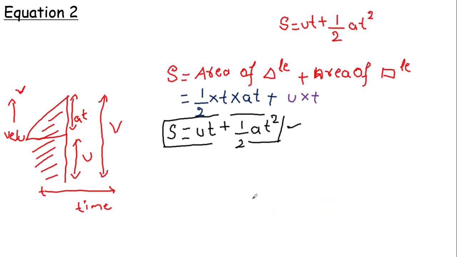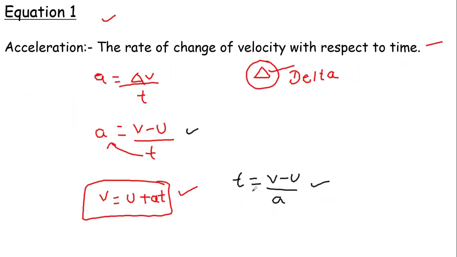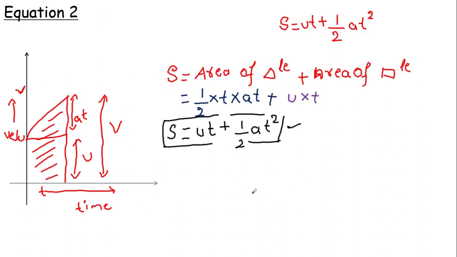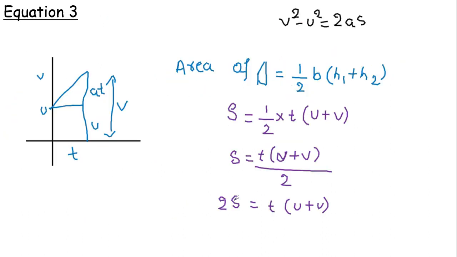Here we know that t is equals to v minus u by a. I'm going to write here t is equals to v minus u by a. We are going to substitute this equation here.